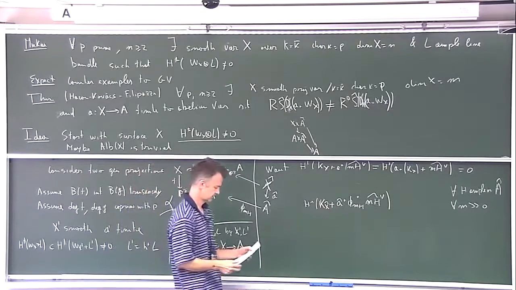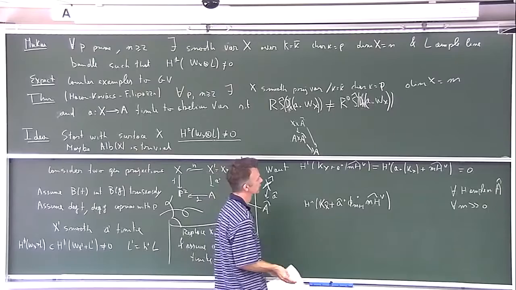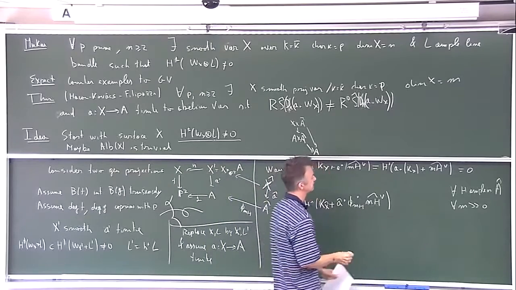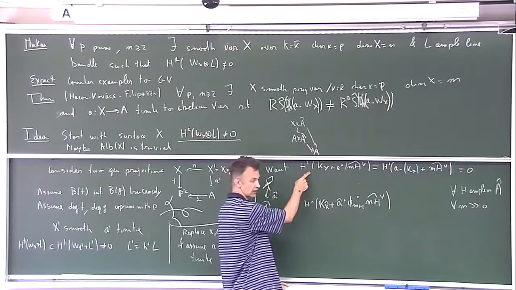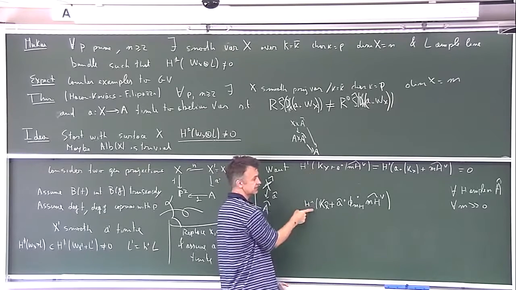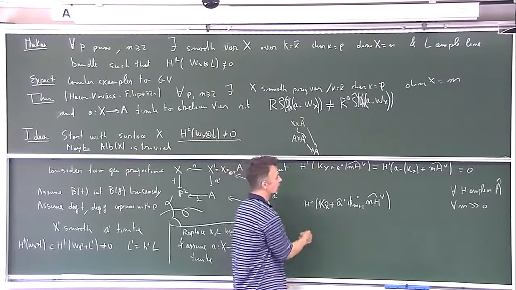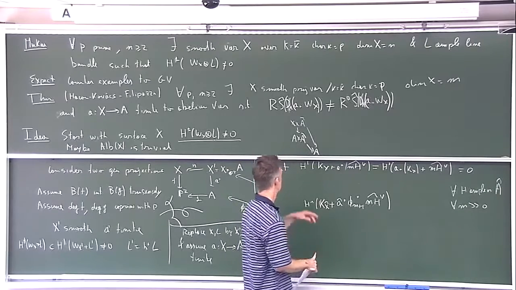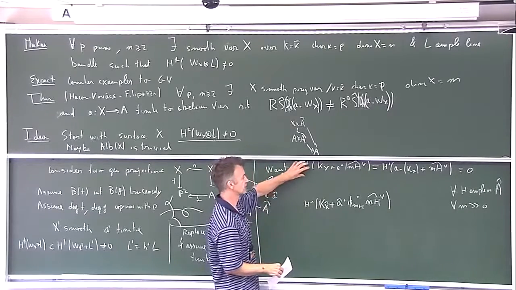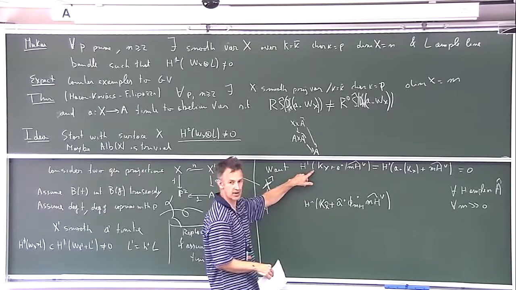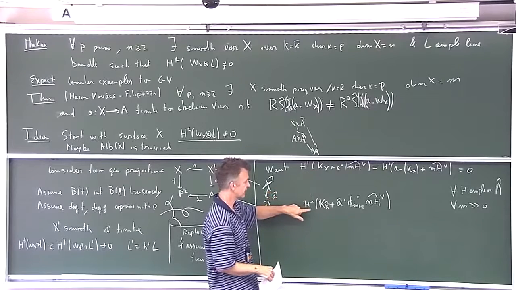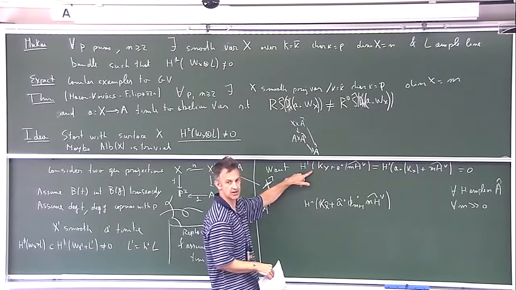So I'm going to be slightly cavalier here. This cohomology group is not equal to that cohomology group. This is a summand of this cohomology group. So the contradiction I'm looking for is to show that this group doesn't vanish. If I show that this group doesn't vanish, that does not necessarily imply that this group doesn't vanish.